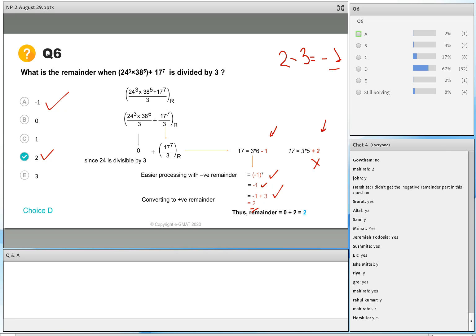So both of these are remainders when I divide 17 by 3, either 2 or minus 1. Now, I don't want to calculate 2 to the power 7. I rather calculate minus 1 to the power 7 because this makes my life easy. That's why I use it over here. Harshita, is it now clear to you?